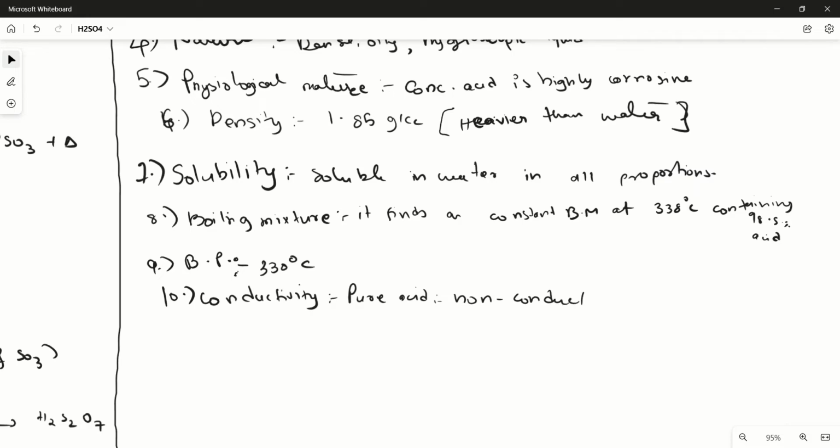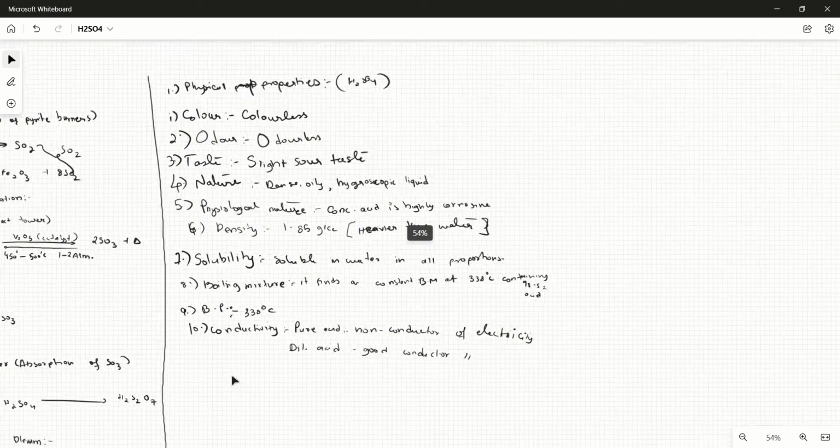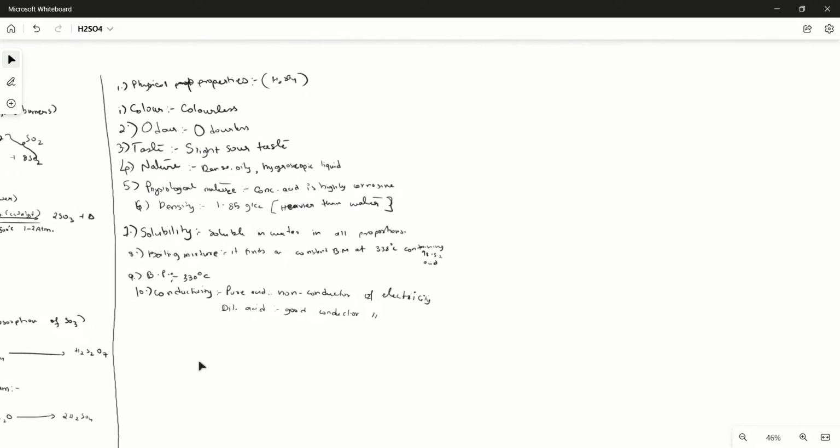So these are its physical properties. Let's move on.